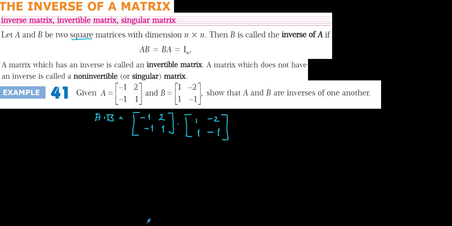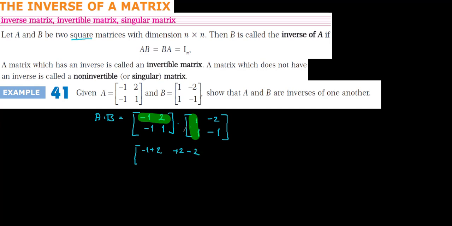You remember that we are multiplying rows by the columns. So here the first one, minus 1 times 1 is minus 1, plus 2 times 1 is 2, which gives 1. Minus 1 times minus 2 is plus 2. 2 times minus 1 is minus 2, giving 0.